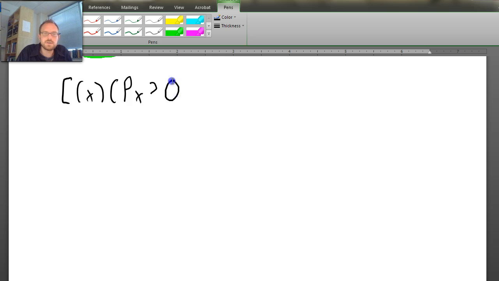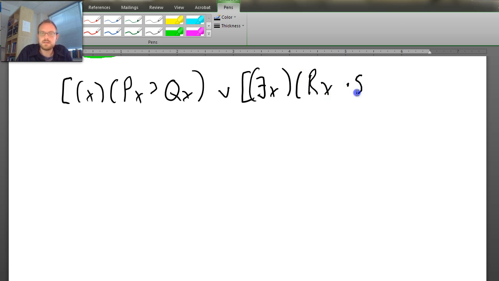Px, then Qx, or existential quantifier, Rx, and Sx. There wasn't supposed to be a bracket here, so let me erase that. Okay, so let's imagine we have this problem. How are we going to translate it?